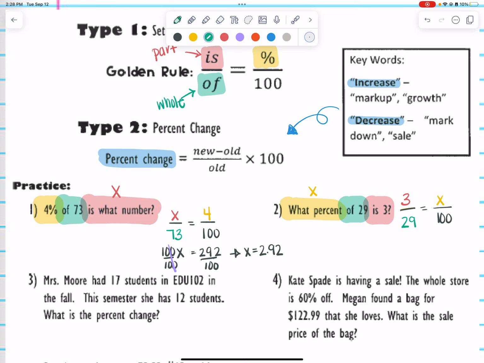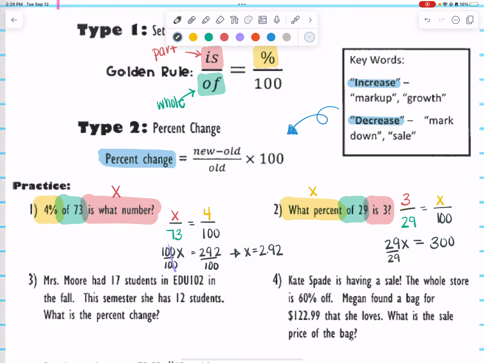And so I'm going to cross multiply. 29 times x. I typically will multiply the diagonal that has the x on it first, just so I have that on the left. So 29x, and then cross multiply on the other diagonal, 3 times 100.